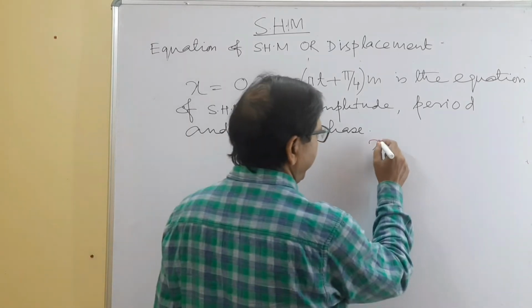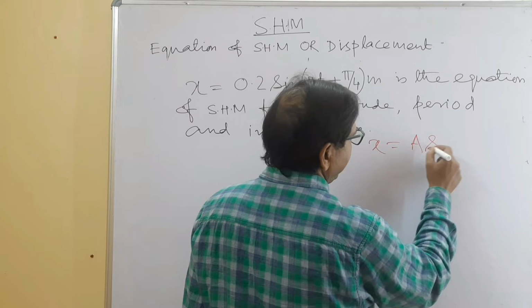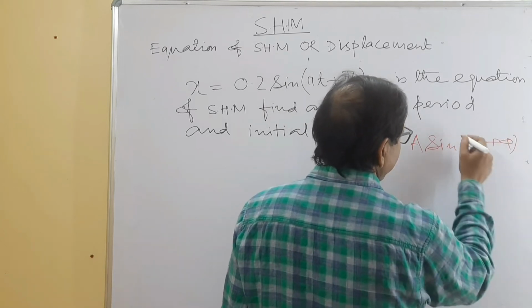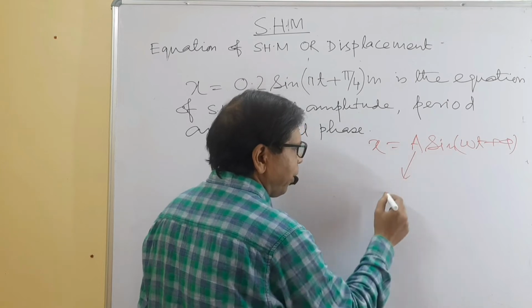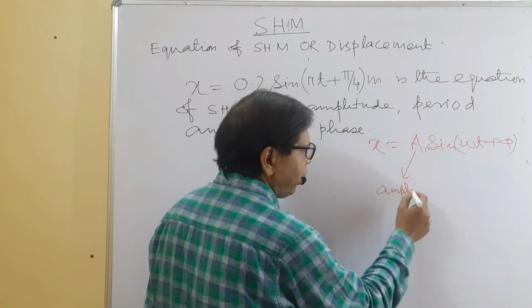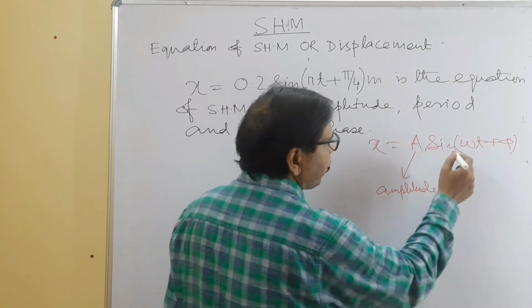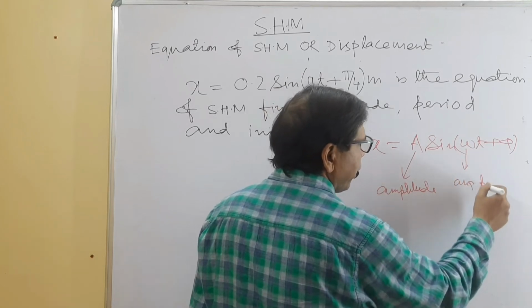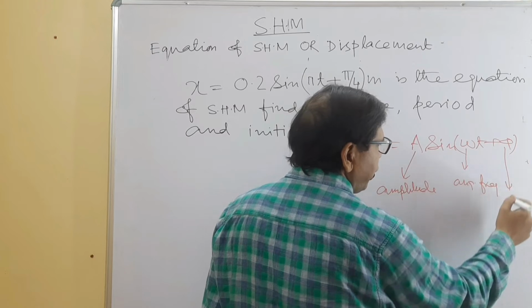Look at this. If x equals A sin(ωt + φ) is the equation of SHM, so this is the amplitude. Okay, this is the amplitude. And this is the angular frequency. Okay, and this is the initial phase.